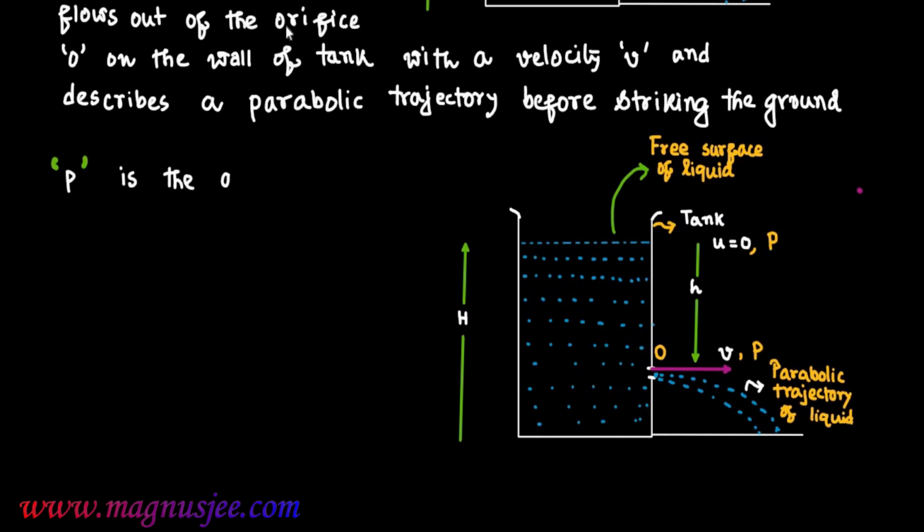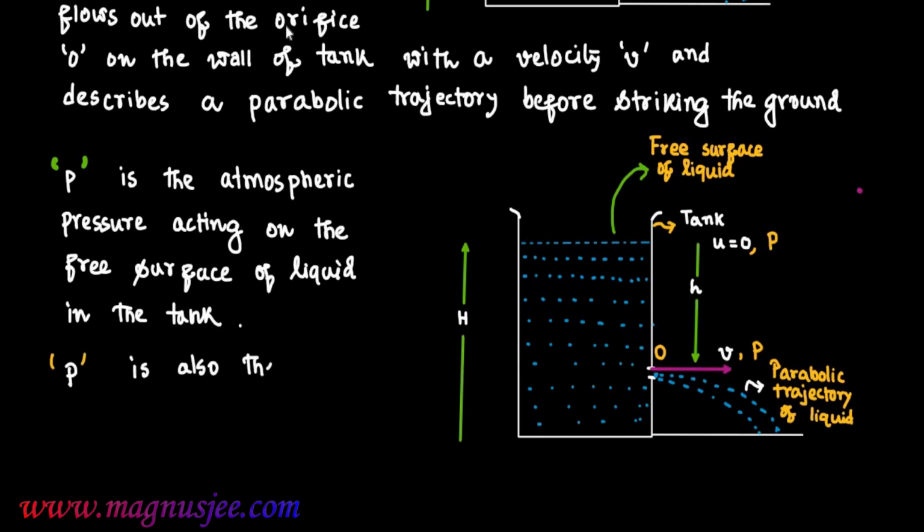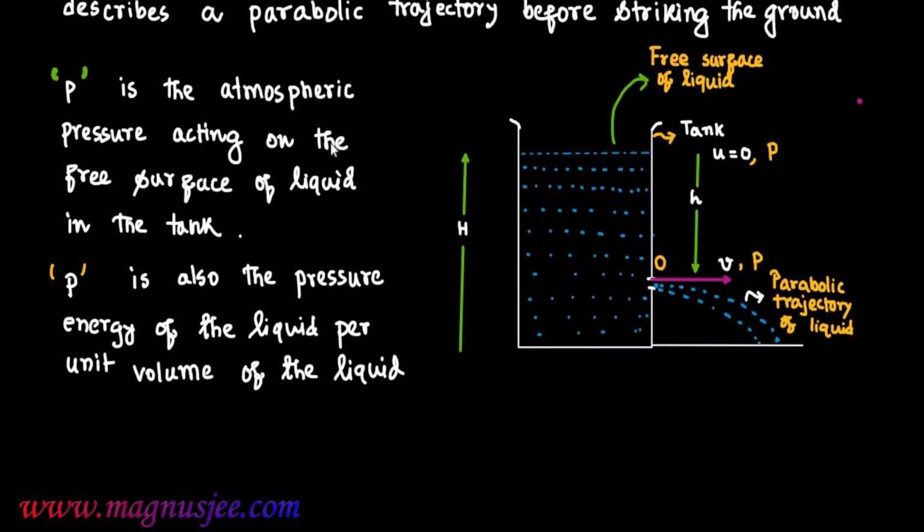P is the atmospheric pressure acting on the free surface of liquid in the tank. P is also the pressure energy per unit volume of the liquid at the free surface.